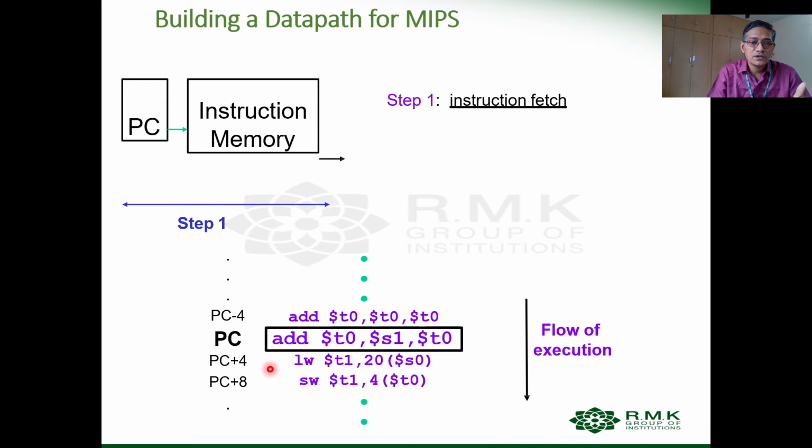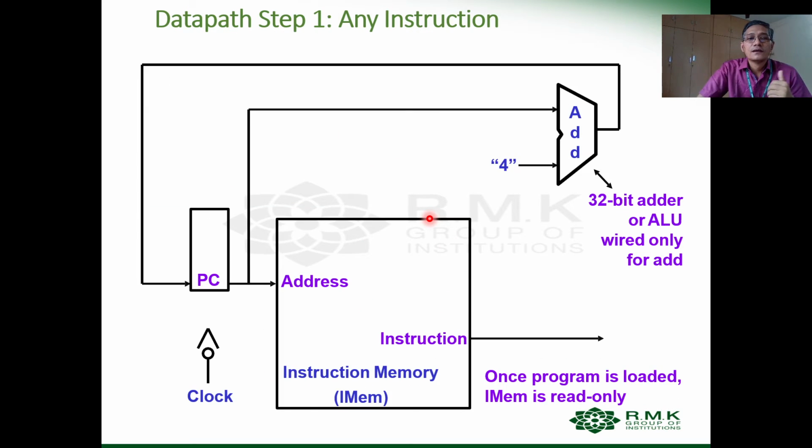So the PC will be holding this memory location, this address. Once the next instruction is decoded, it will be incremented to PC equal to PC plus 4. Now, because we need to add 4, we need this adder, so this adder is included in the functional unit. The PC, the program counter, holds the address of the next instruction for execution.